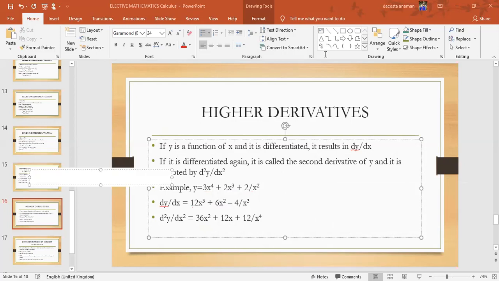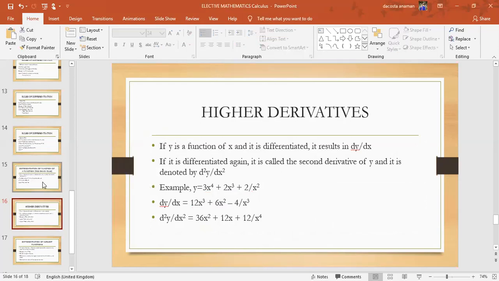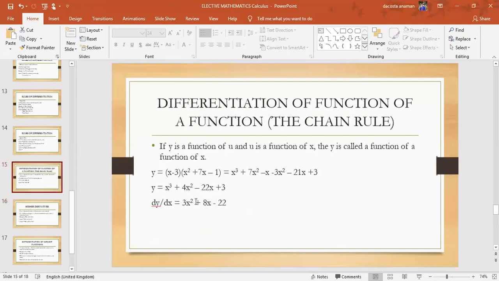Let's use this one here. Okay, so we differentiated it once. That's x cubed plus 4x squared minus 22x plus 3. We differentiated it once and we got what? 3x squared plus 8x minus 22.